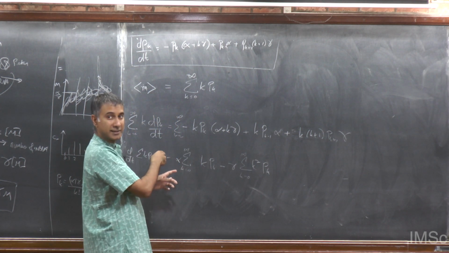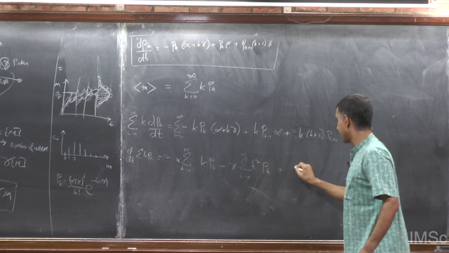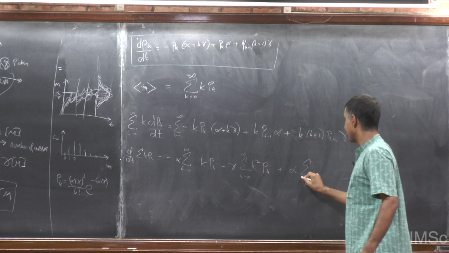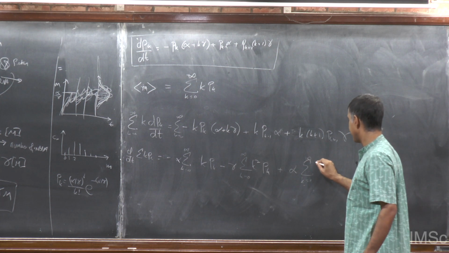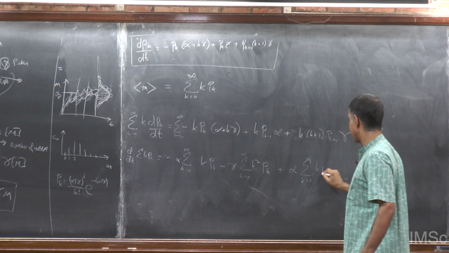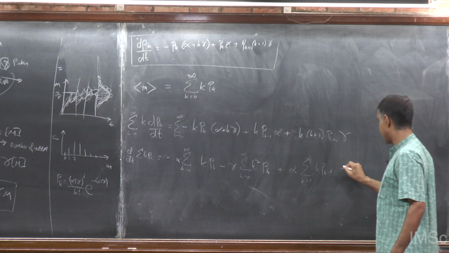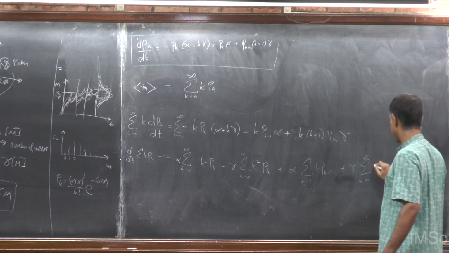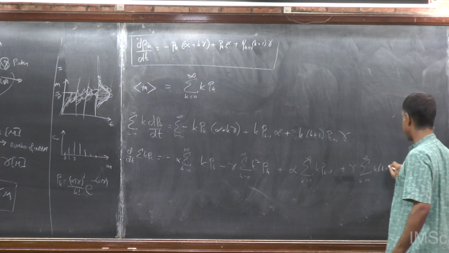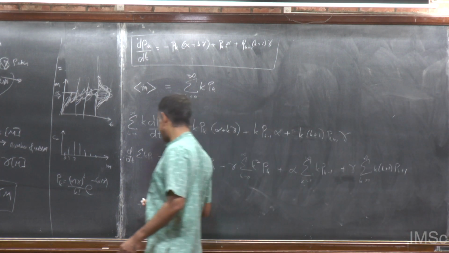You guys can see better than I can. And here I'm going to get plus alpha times the sum from k equals 0 to infinity of k p_(k minus 1), and plus gamma times the sum from k equals 0 to infinity of k (k plus 1) p_(k plus 1). Is this correct?